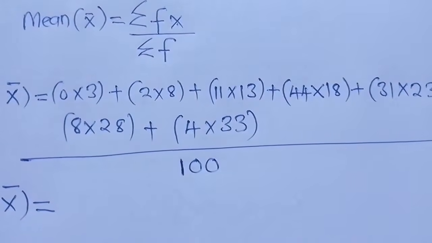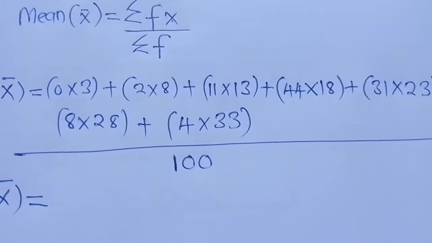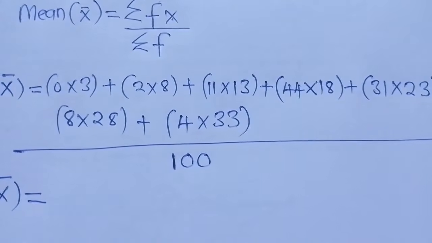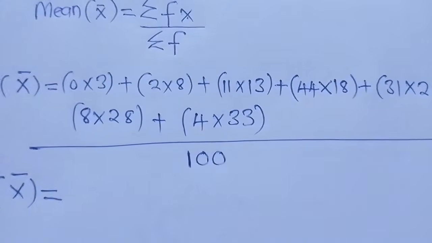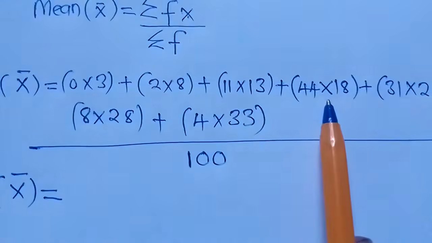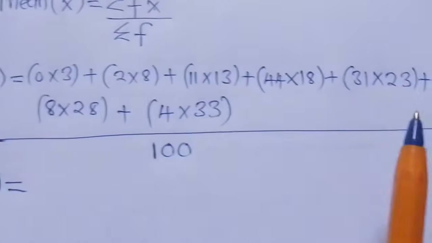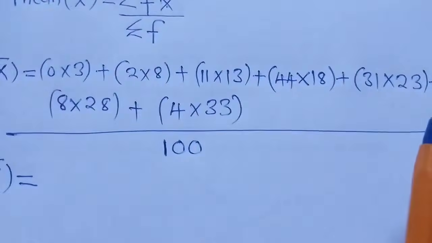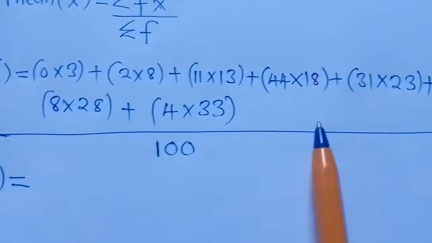So you start now multiplying everything there. You remove the brackets so that you finish very fast. Say 0 times 3 plus, you finish everything. Multiply everything there. You say this times that times that. You multiply everything here. You multiply everything there. What answer are you getting?